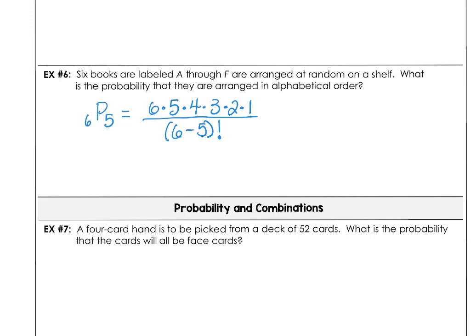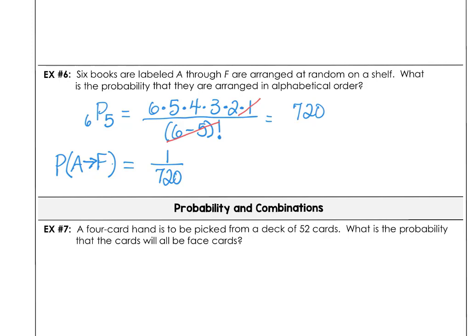So we have 1 factorial in the numerator divided by 1 factorial in the denominator, and that is 720. So the probability would be 1 in 720 chances. The probability that they were lined up alphabetically, A through F, would be 1 time out of the 720.